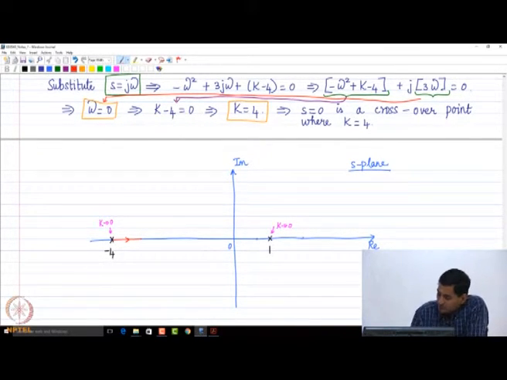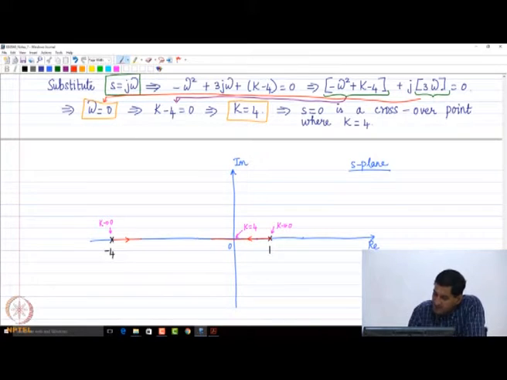So, one branch of the root locus starts from -4 and another starts from +1 in this direction, and of course, there is a crossover at 0. At the crossover point, you need to mark all the important points. At the crossover point the value of k is 4, right, and where do these 2 branches intersect? -1.5, right. So, that was the breakaway point.